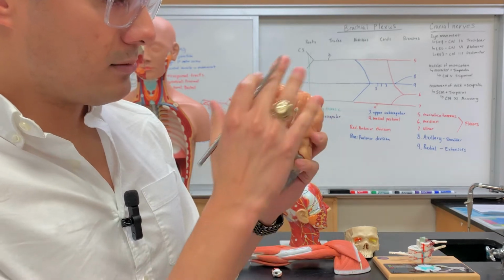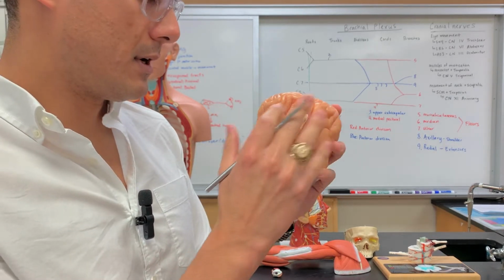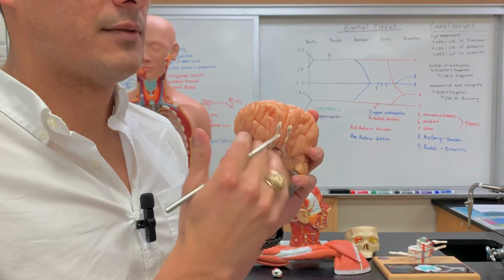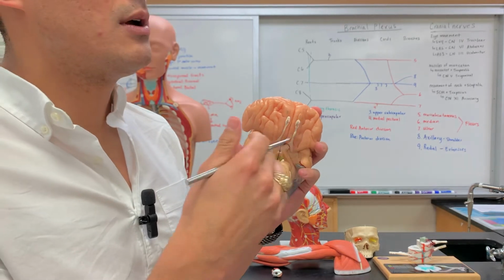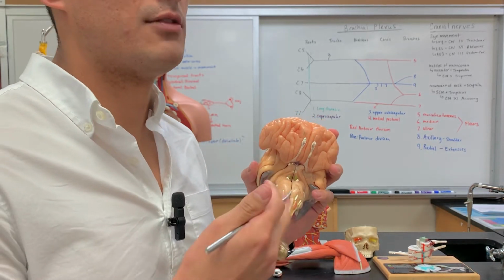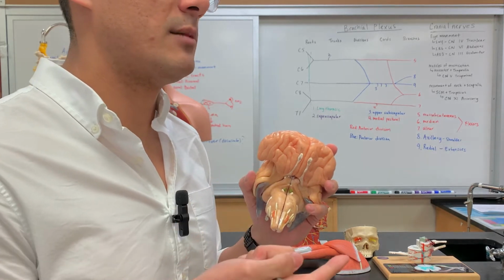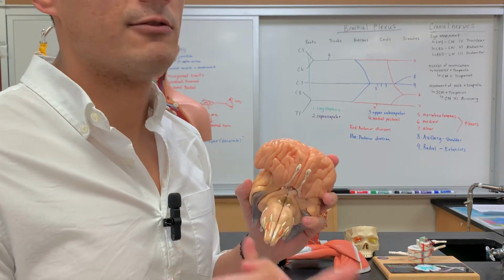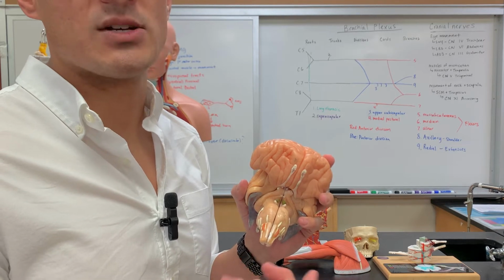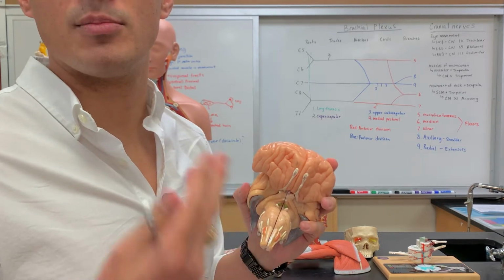Okay, now that we've identified them, let's talk about some of them. What you need to know is the Roman numeral of the cranial nerve, as well as the name of the cranial nerve, including its function. So what does it do, and is it motor, sensory, or both?